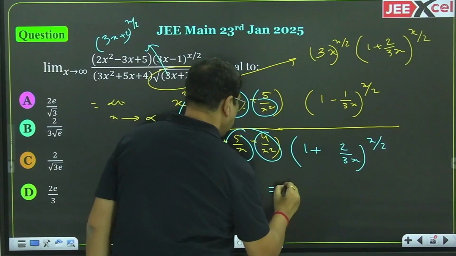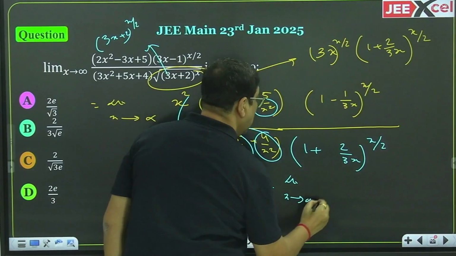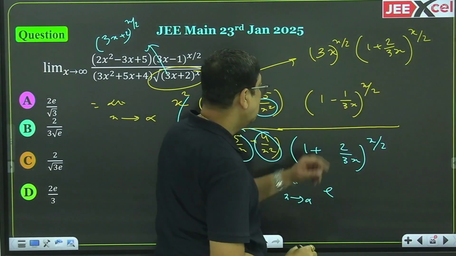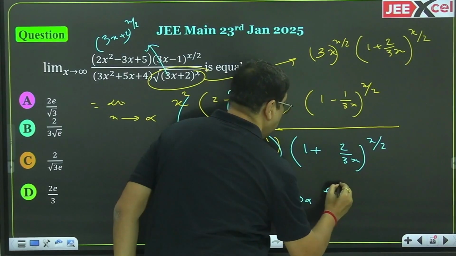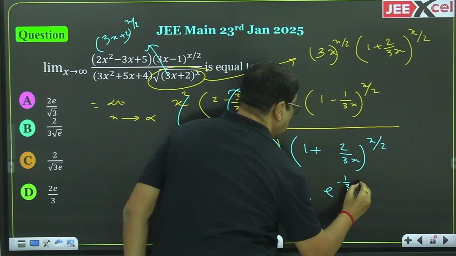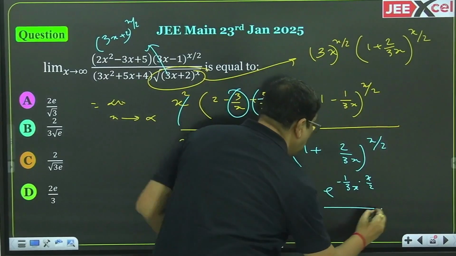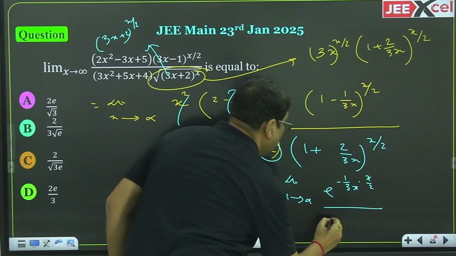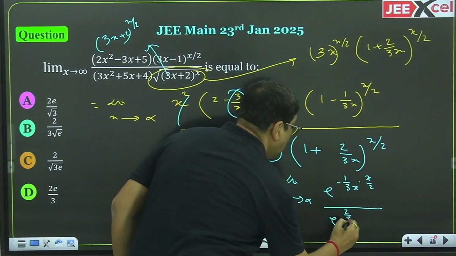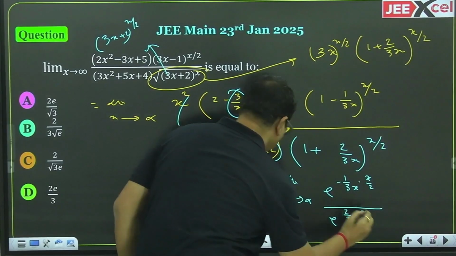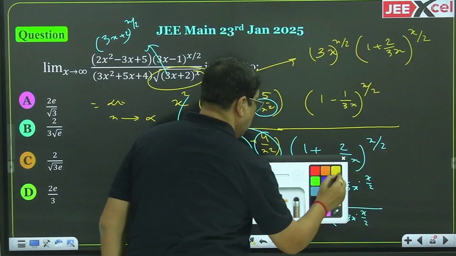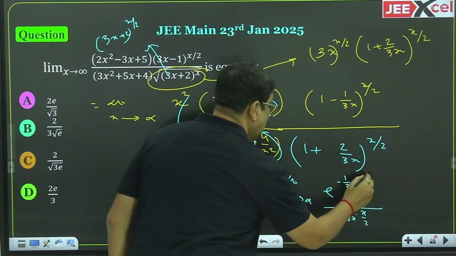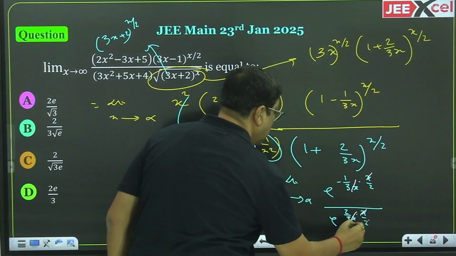So what will happen here? Limit x tends to infinity, e to the power fx into gx. So 1 minus 1 by 3x into x by 2, in the denominator also the same thing, e to the power fx gx. Therefore e to the power 2 by 3x into x by 2. If we cancel, x gets cancelled, x gets cancelled, 2 gets cancelled.